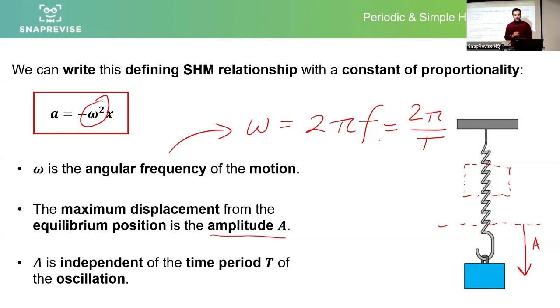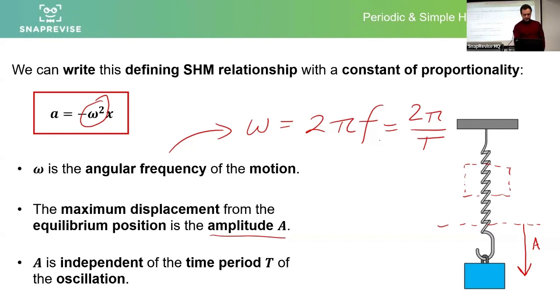A is independent of the time period T of the oscillation. So whether my spring or my child or whatever this system is, whether it's doing massive oscillations or very little ones, its time period is the same. So if it takes 1 second to do a little one, even the massive one, it will still take 1 second.